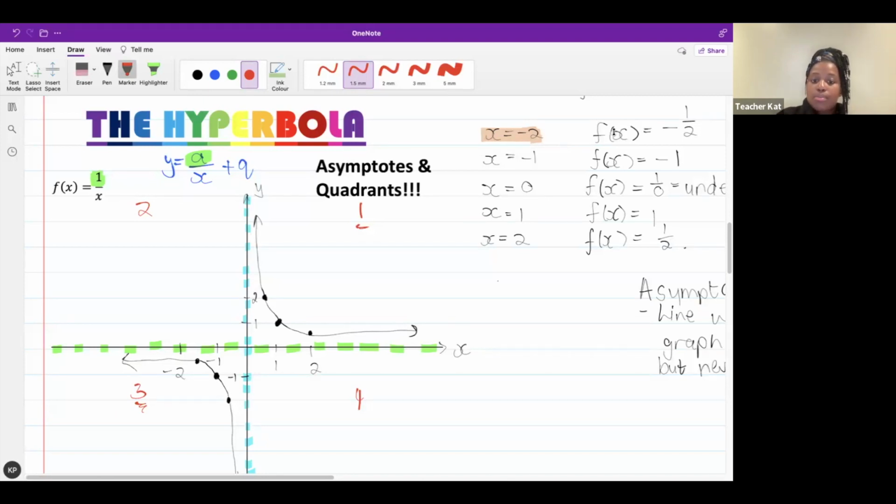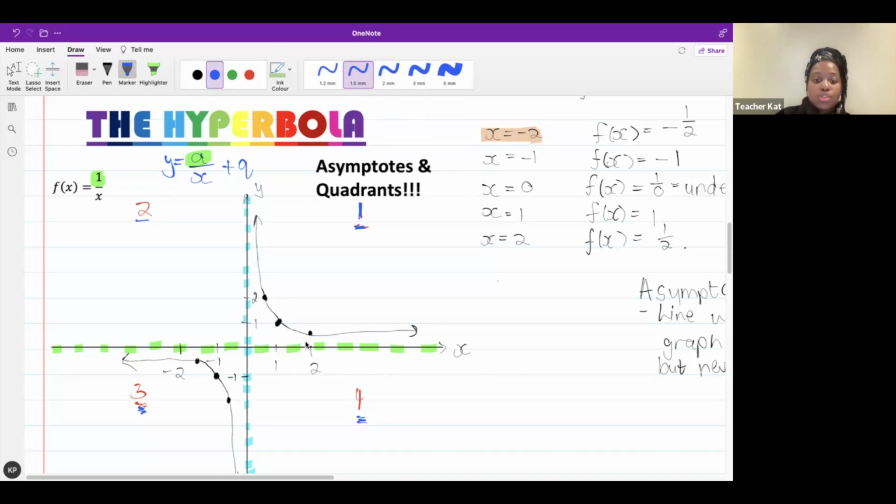Princess, I don't know if you remember when you did trigonometry, we did quadrants, right? We start numbering these quadrants from our top right, which is over here. So that will be quadrant 1. And we go anti-clockwise. So it's quadrant 1, quadrant 2, quadrant 3 here, and quadrant 4 just below quadrant 1.